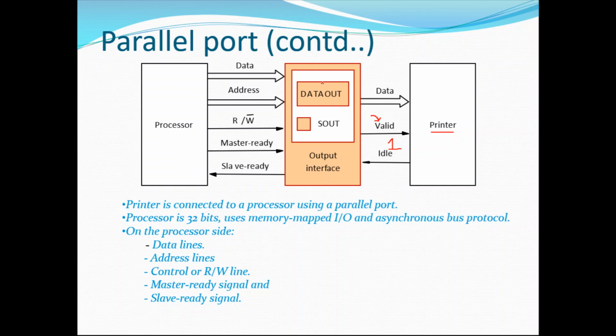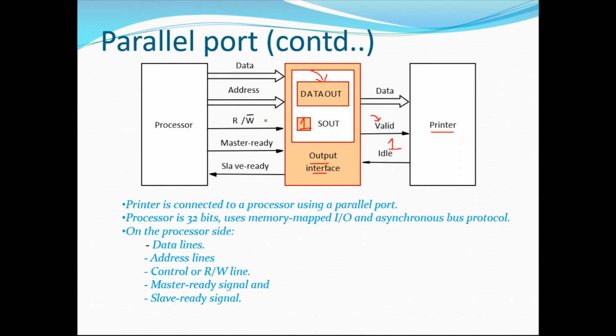Let us assume that currently there is nothing in the data out register. If nothing is in the data out register and idle is 1, then the output interface will set S out to 1. If S out is 1, it means the processor can write something, can print something. The processor can send something to the printer and the printer is ready to print.